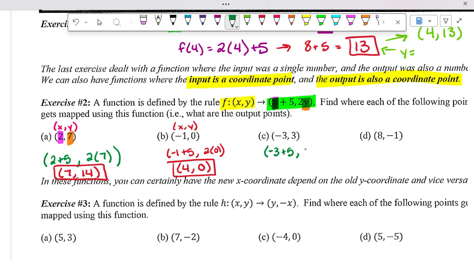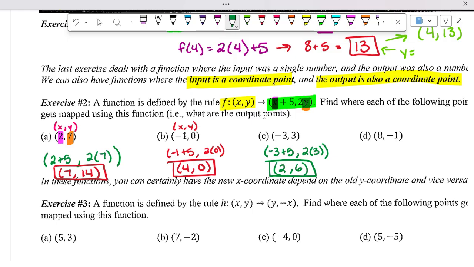And then I plugged the 3 into parentheses with the y equals 2 parentheses 3. And then I did negative 3 plus 5 equals 2. And then 2 times 3 equals 6. Good job. So your new point is 0, 6. How'd y'all do for letter C? Did pretty well?